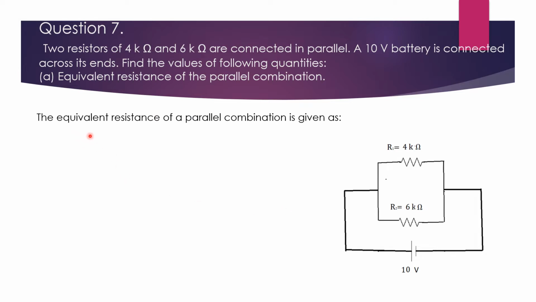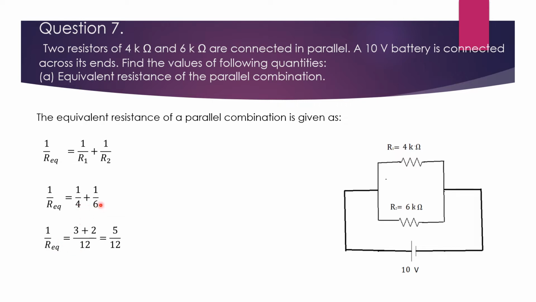So the equivalent resistance of a parallel combination is given as 1 over R equivalent is equal to 1 over R1 plus 1 over R2. Substitute the values of 4 kilo ohm and 6 kilo ohm. I'm not writing the word kilo here since they are both the same units, so we'll be considering them as kilo ohms.